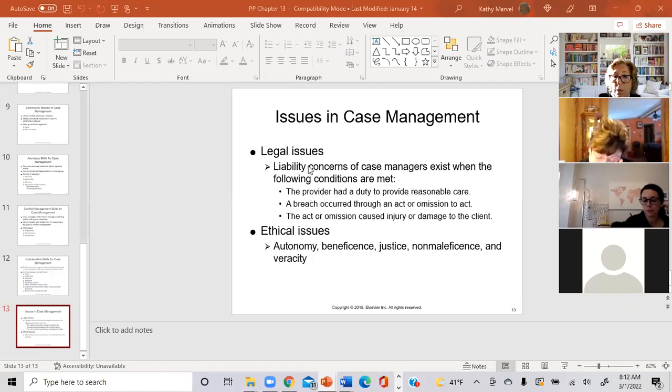Okay, these are the three conditions that need to be met. These three conditions have to be met in order to prove liability or malpractice.